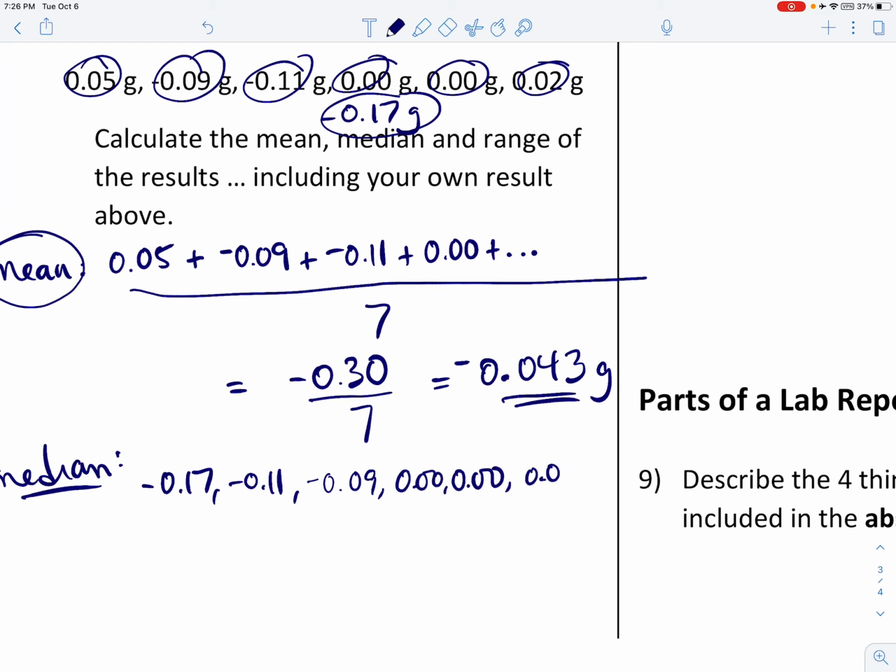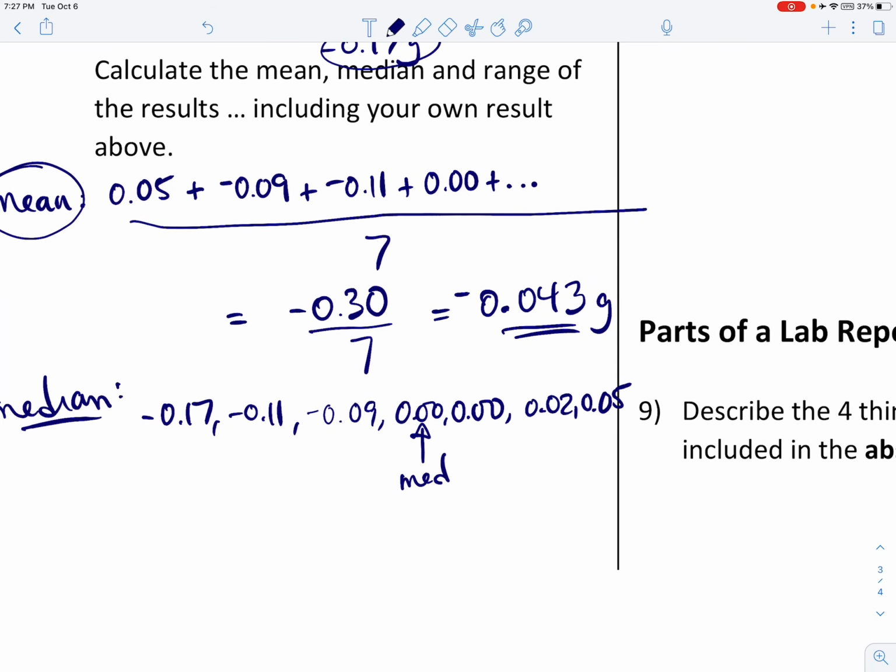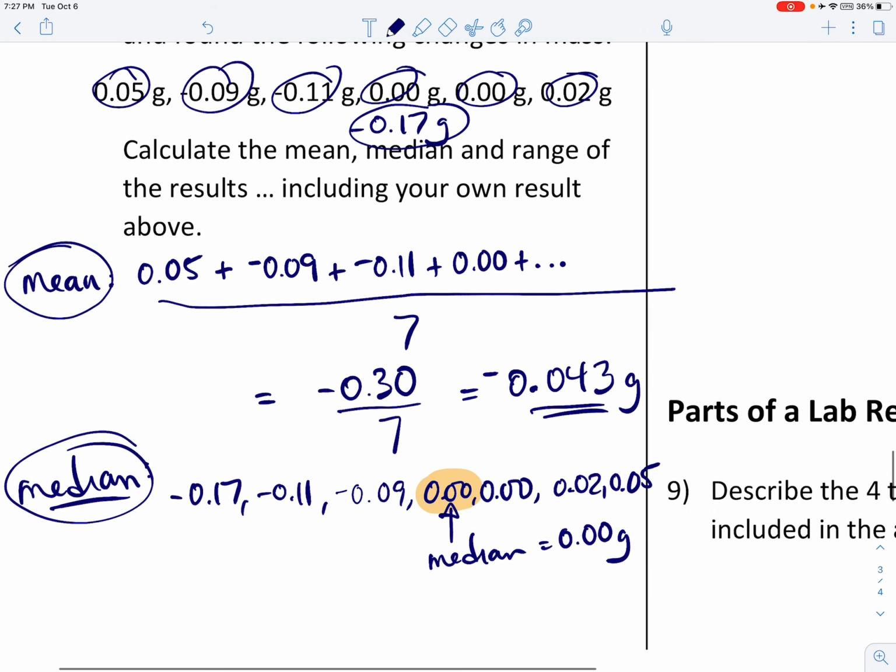Then we have 0, another 0, and then a 0.02 positive, and a 0.05 positive. So there are 7 numbers in all. The middle one would be the 4th number in. So this number here is the middle number, so that is the median. The 0.00 grams is the median.